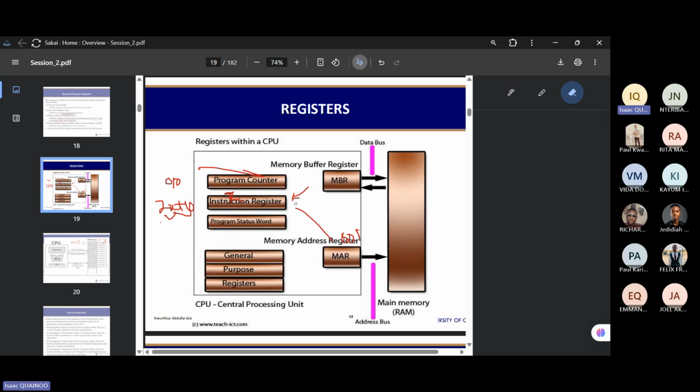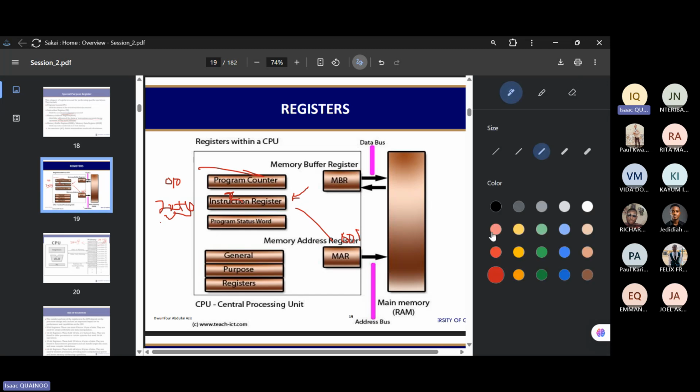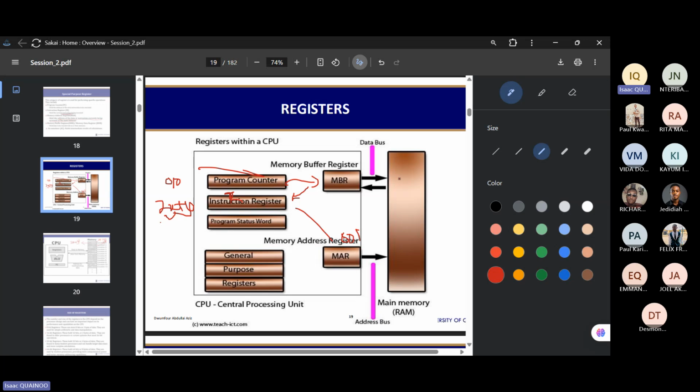And after the CPU is done executing that particular instruction, it brings it back to the memory buffer register, and the memory buffer register sends it back to the RAM to be stored. Okay, and the reason why the RAM cannot interact directly with the CPU is because we are saying that the RAM is relatively slow.